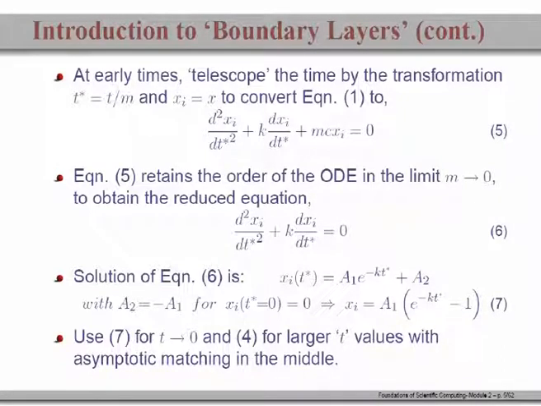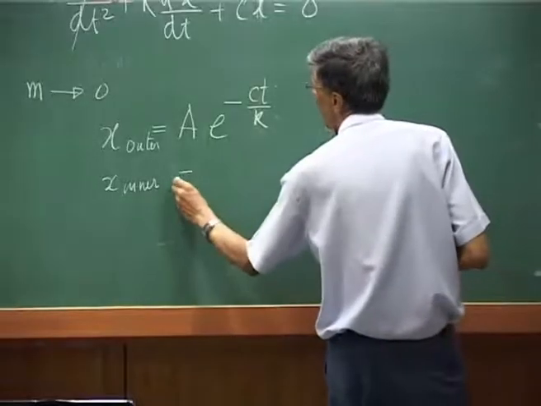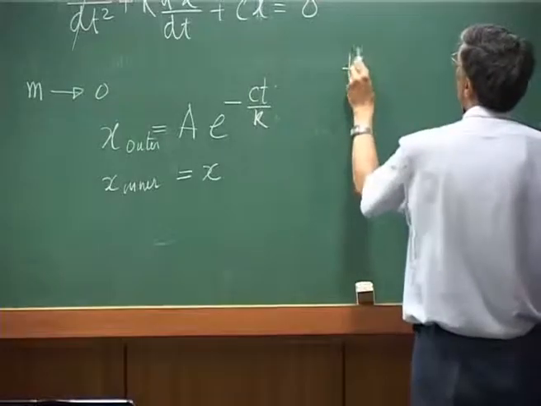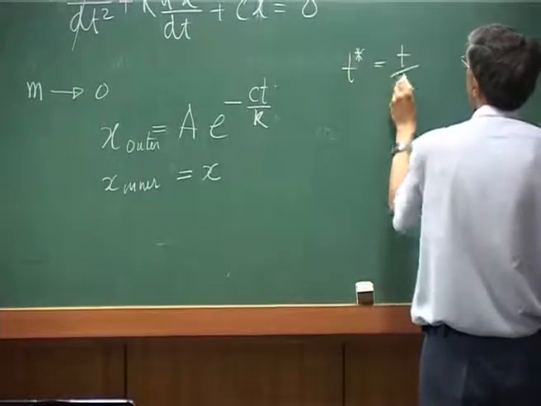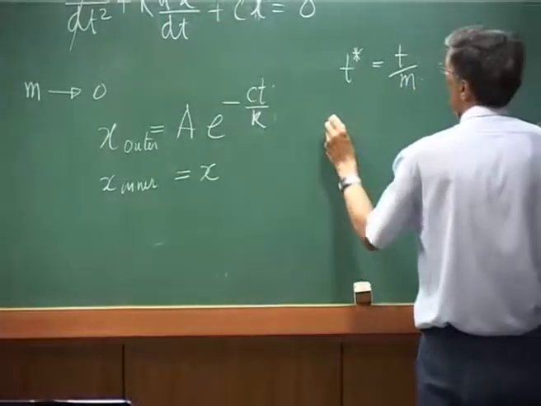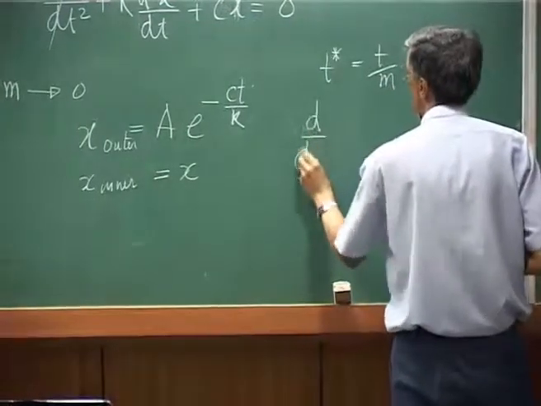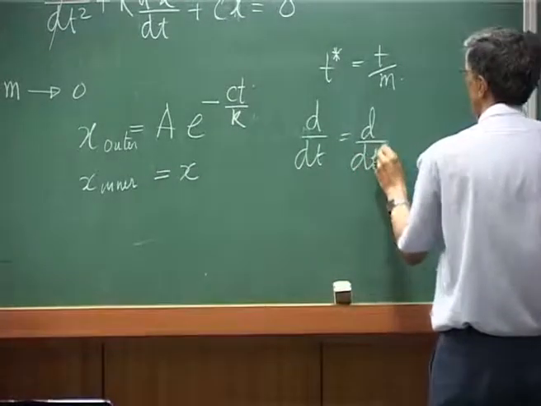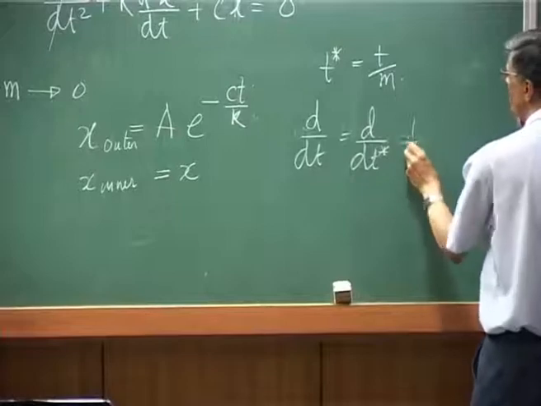then what happens is I could transform this equation. So, basically what you are noticing here, x I is denoted as the solution, and we are using t star as t by m. Then what happens is of course, any derivative d by dt would be nothing but d by dt star, and that would give you 1 over m.